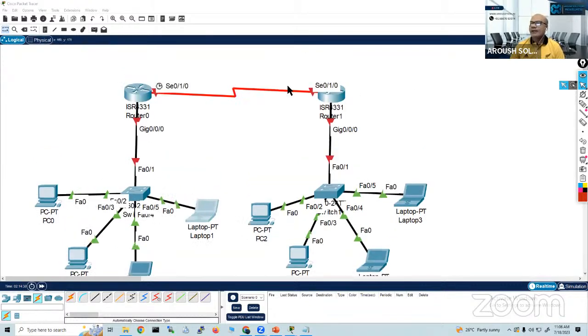So now let me assign the IP address. Okay, so let's say I use this 192.168.1.1/24. And this I will give 10.1.1.1. Slash how much? Tabrez here? /8.